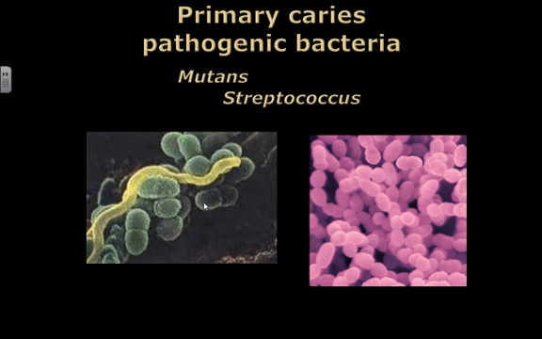The primary caries is formed by pathogenic bacteria, and the pathogenic bacteria we're referring to is Streptococcus mutans, basically a round form of bacteria. Here we're looking at some histologic slides, some microscopic images of this bacteria. This is a pathologic bacteria that is responsible for the primary caries process.